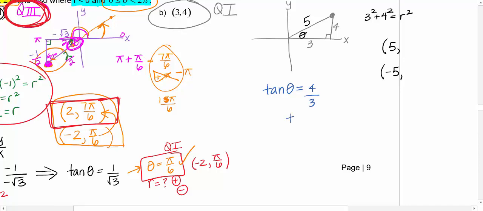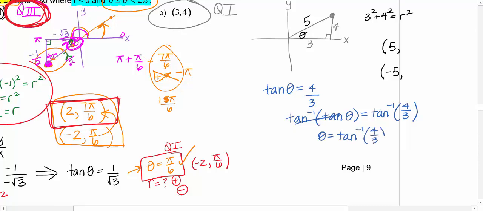So yes, if you take the inverse tangent of both sides, you will solve for theta. But you have to make sure that this theta, which r is it paired with? The positive r or the negative r?